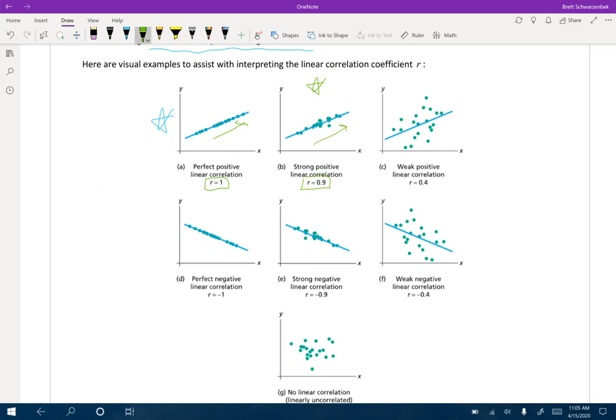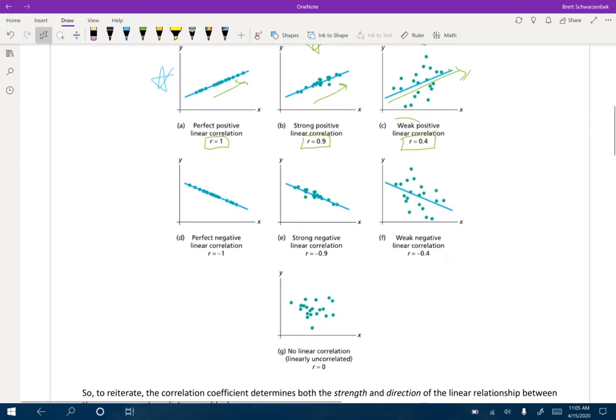If you go more scattered, so if you look at this example, you'll see the points are pretty scattered about, but there is some relationship about the line. It turns out we're going to get 0.4 as r. So note, it is positive, the points are still rising from left to right, but the scatter makes this a very weak positive correlation.